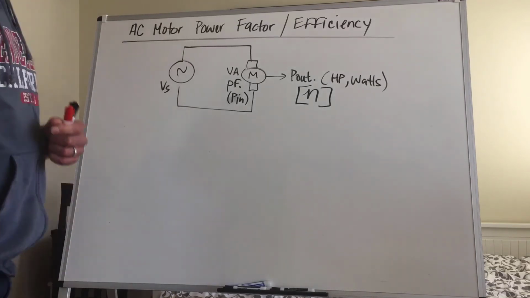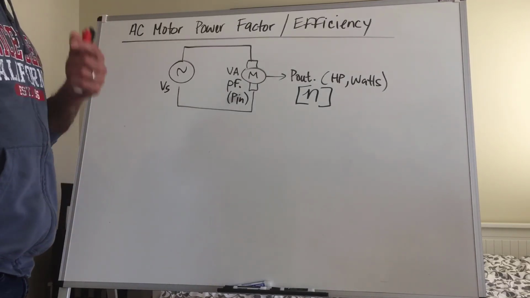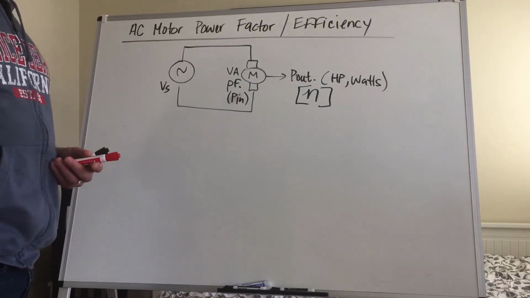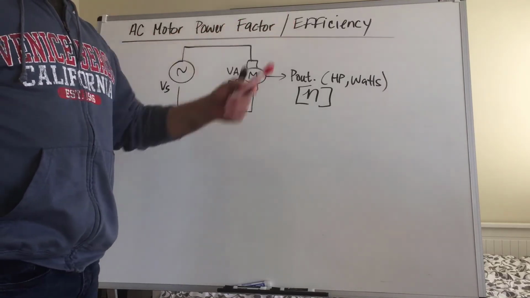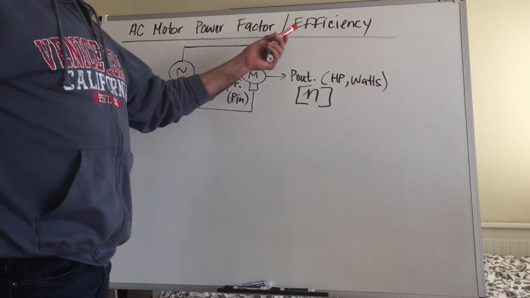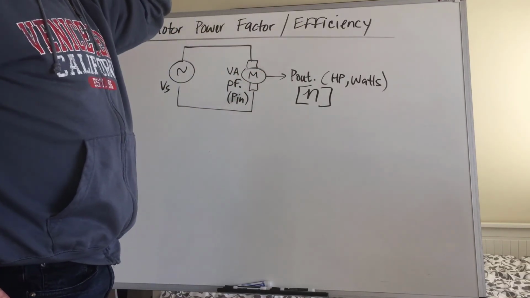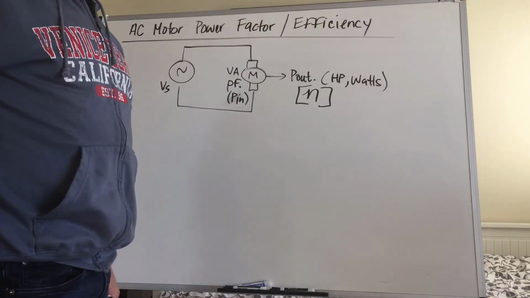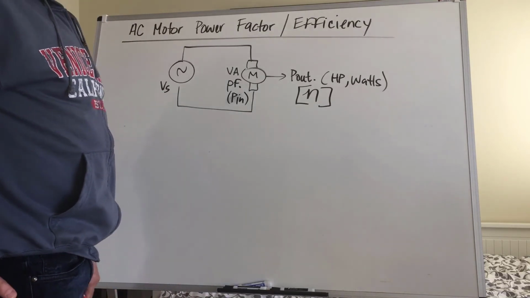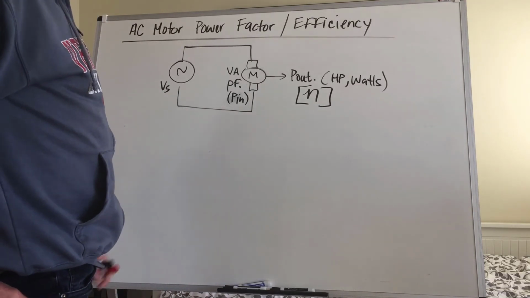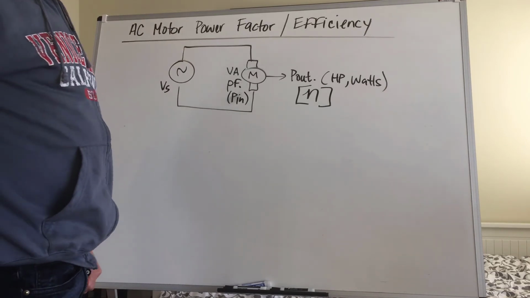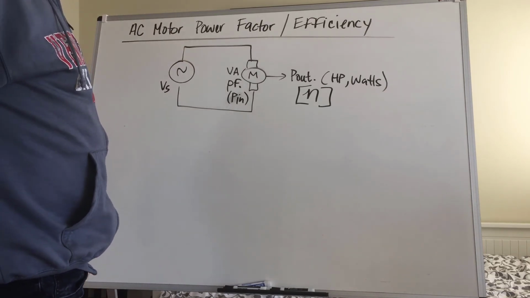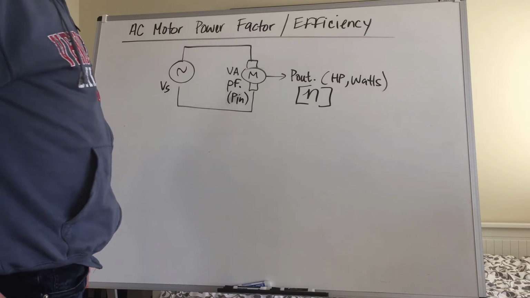Okay, everyone. So I talked about how I would bring this up today, and that is in terms of AC motors and their power factor and their efficiency. Now, efficiency is certainly something that we should remember from back in the first part of the course where we're looking at our P in and P out values and P losses and how that results in what we can call the efficiency.